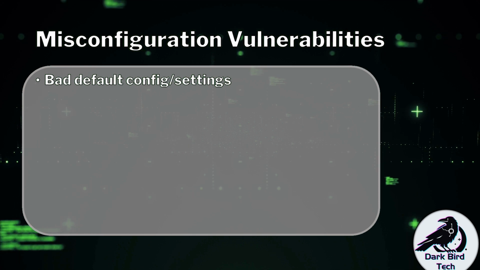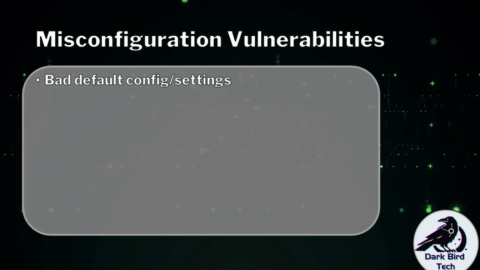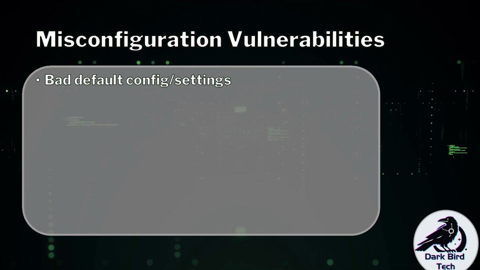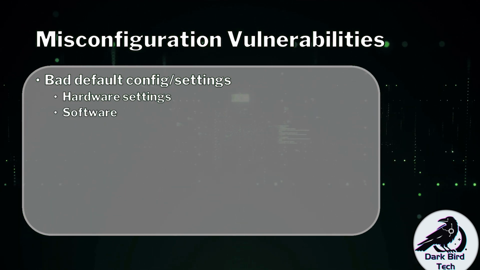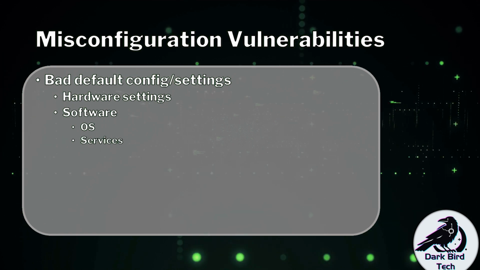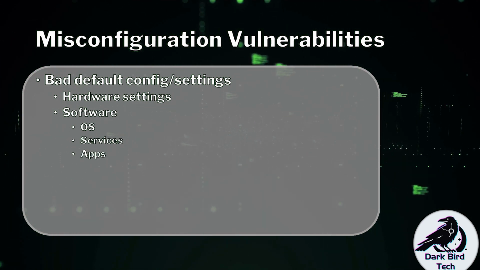Also, attackers know default values, which means it's a lot easier for them to compromise your security when it relies on default details. Now, this will apply not just to your operating system, but your hardware. Any software you're running, as I said, including your operating system, any services that run on the OS, and obviously applications as well.